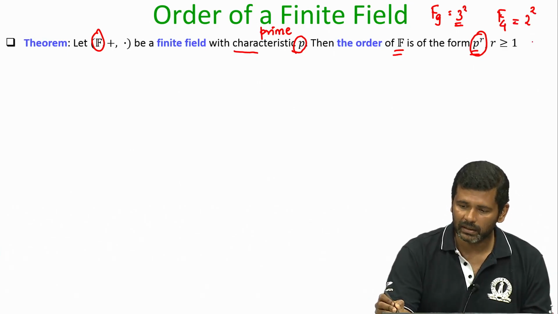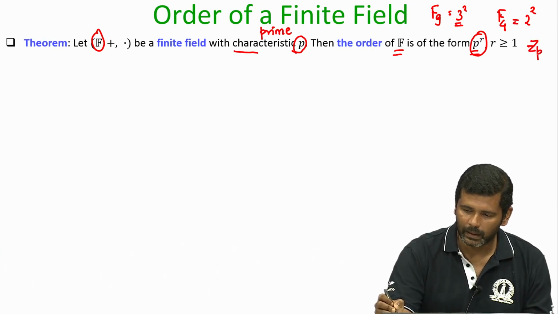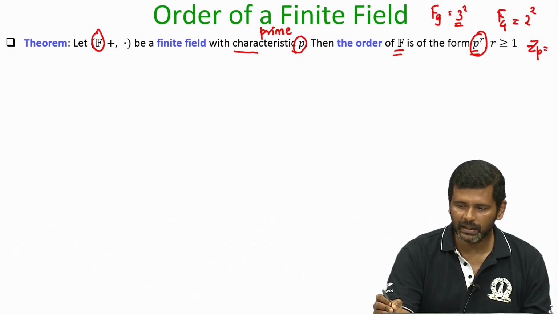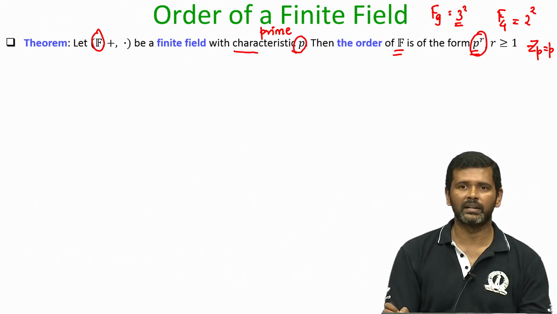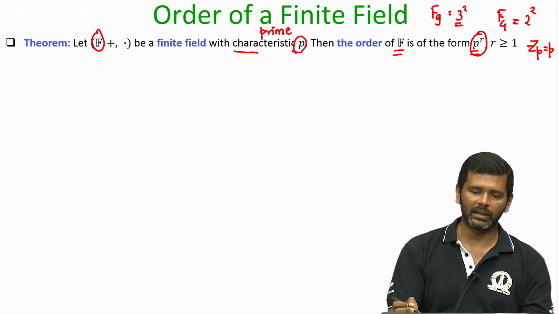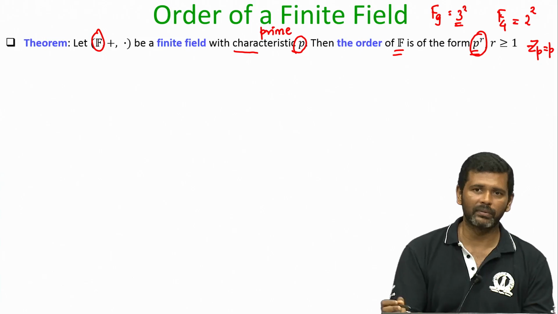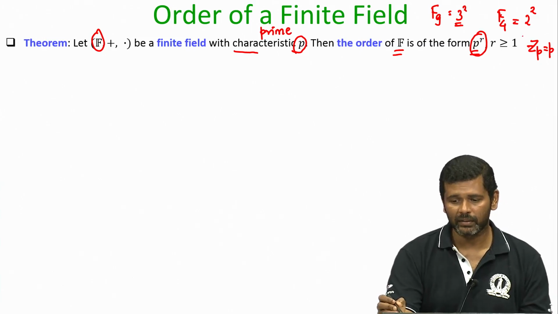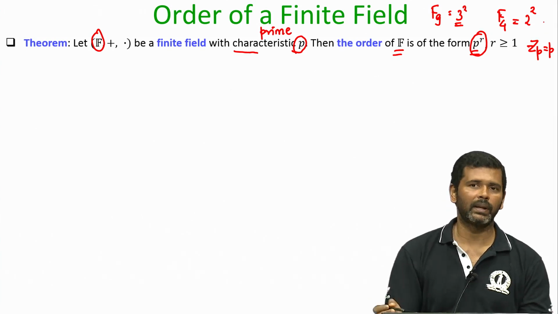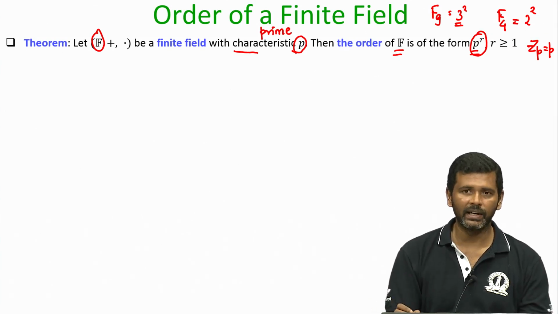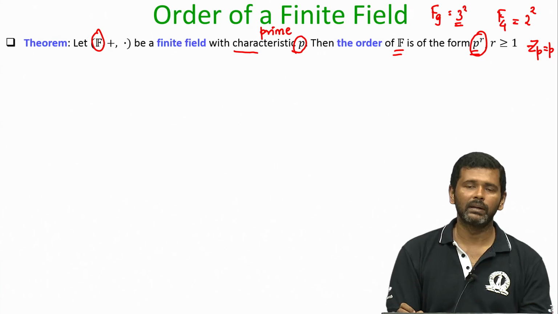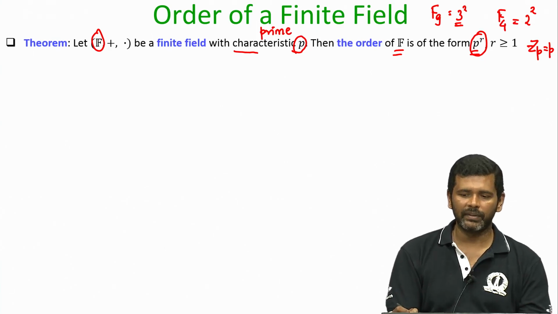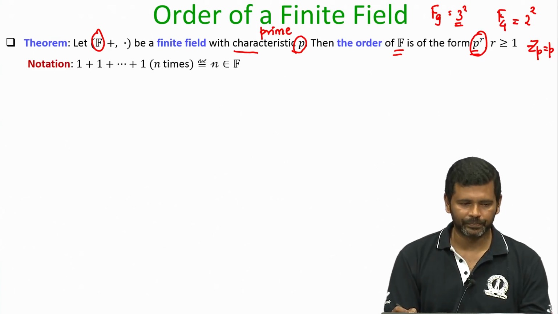If you take the field ZP, its cardinality is P to the power 1 because its characteristic is P, and so on. So, it is not happening accidentally only for F9, F4, ZP; you take any finite field with characteristic P, and the number of elements in the field will be of the form P to the power r. That is what we are going to prove.